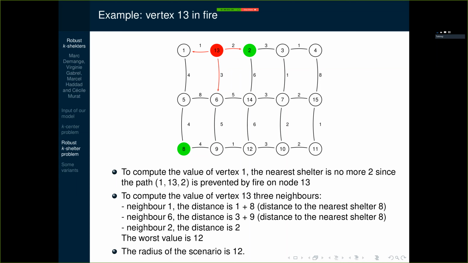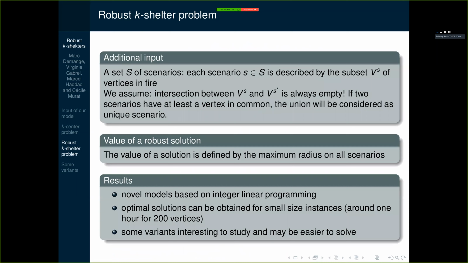In this case, the value of a solution is the maximum radius over all scenarios we take into account. For this problem, we obtain some results given some novel models based on integer linear programming.